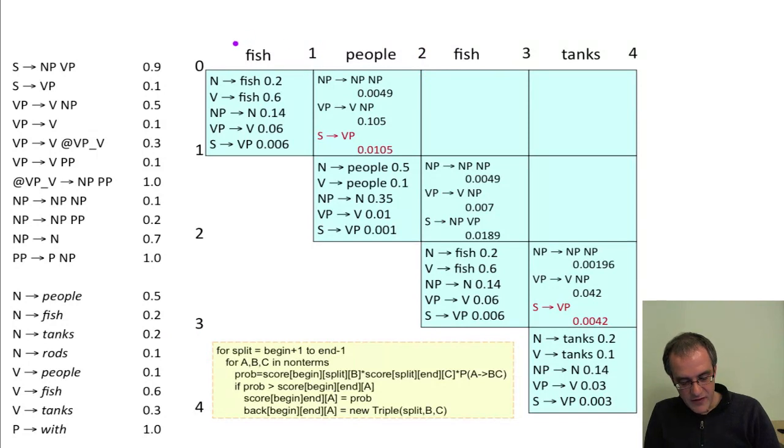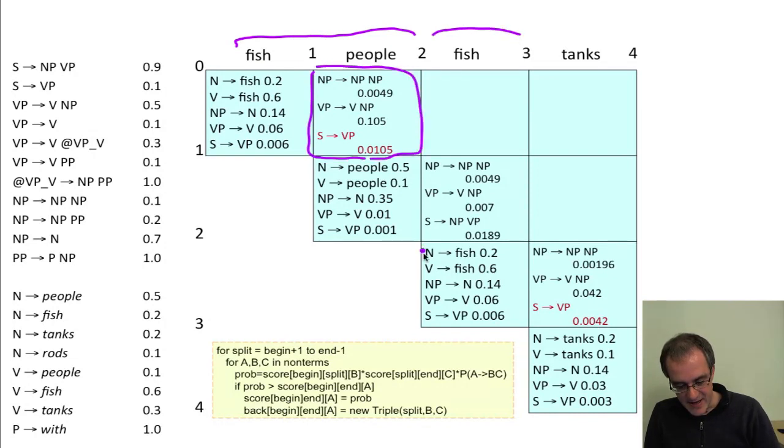So first off, we're going to start with saying, okay, we're going to combine stuff from 0 to 2, that's this cell, with something from 2 to 3, that's this cell. And so then we'll see what we can build. Well, we have an NP and an NP, and so that will allow us to build a bigger NP according to that rule.